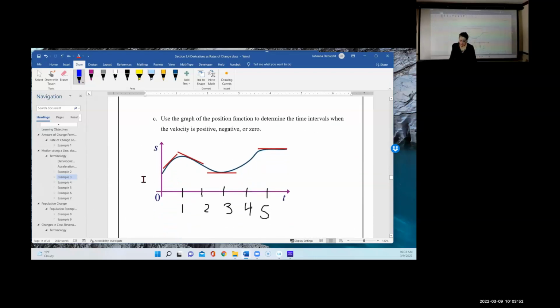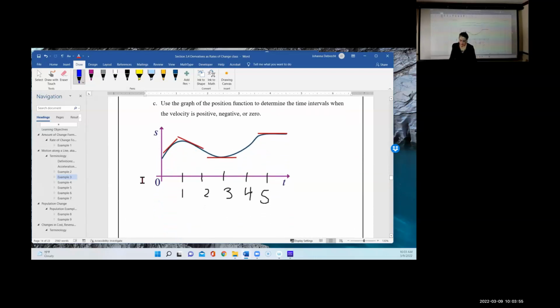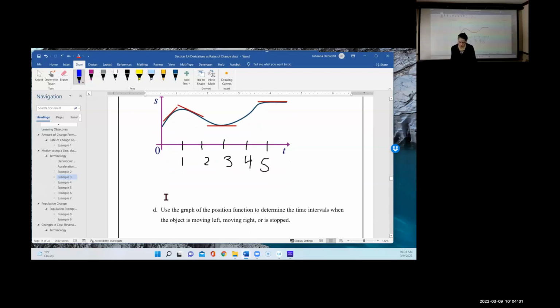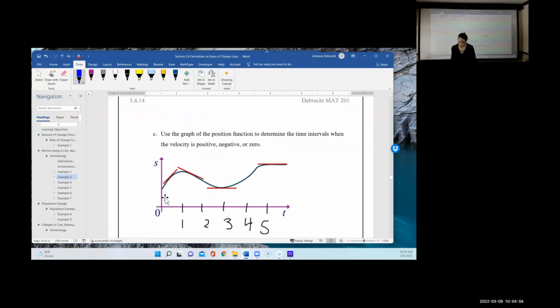Use the graph of the position function to determine the time intervals when the velocity is positive, negative, or zero. And we'll do this one and the next one combined, moving left, moving right, or stopped, since they mean the same thing. So the velocity is positive when it's uphill, and that means that it is heading towards the right or east.